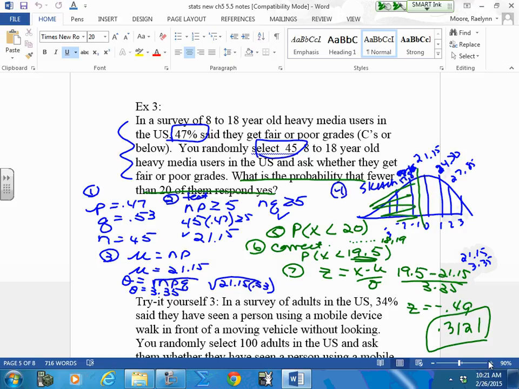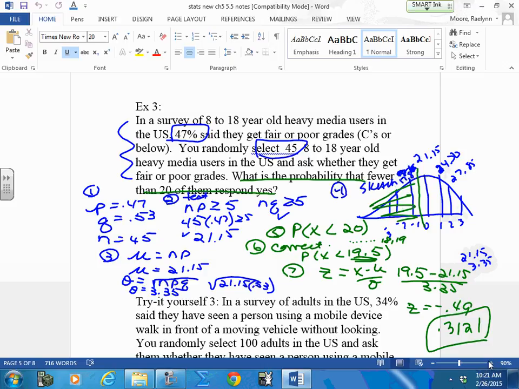As soon as you find your mean, you find your standard deviation, your lower limit, whatever it is you're using, and your x value, as long as it's the corrected one. It'll still find you that if you use your normal CDF, but you still have to go through probably the first 6 parts to get there. It's a little bit long to get there.